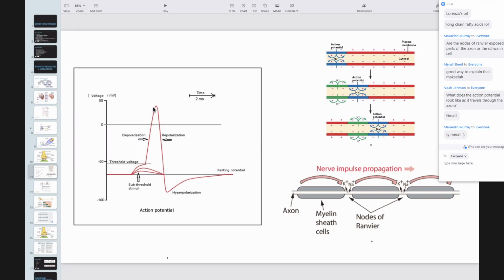We will get a full-on electrical propagation, and it will essentially depolarize. The reason why it's called depolarization is because we're heading toward zero. So being at negative 50 or being at positive 50, you are polarized to one side or another. We're negatively polarized here. So we're getting a depolarization as the membrane's electrical potential starts heading towards zero. It surpasses it a bit, and then it's going to try to repolarize itself. It's going to try to go back to where we were.